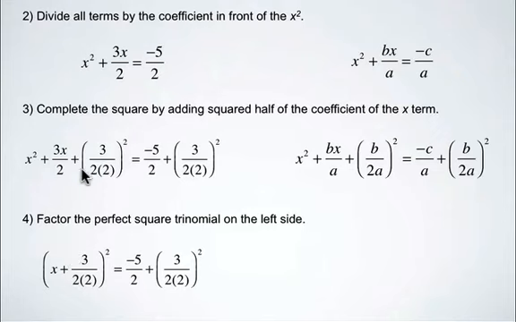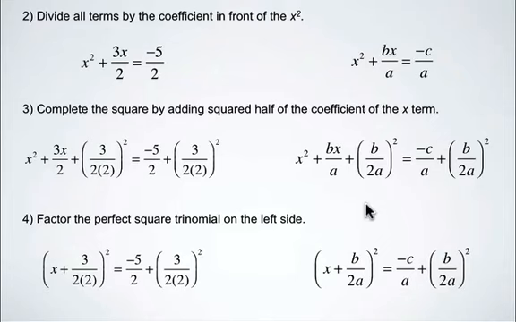Here's our factored form of this trinomial. We do the same over here with the general form of the quadratic expression. So our x squared becomes x. Our b divided by 2a becomes b divided by 2a. We take that and square it. So we have factored this trinomial. And this is what it looks like when it's factored.